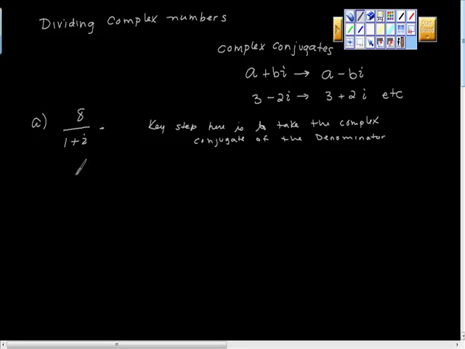So let's rewrite this if you don't mind. It's 8 over 1 plus i. What's the complex conjugate of the denominator? Yep, it's 1 minus i. So we're going to take 1 minus i, and multiply the complex conjugate of the denominator by the numerator and the denominator, right?